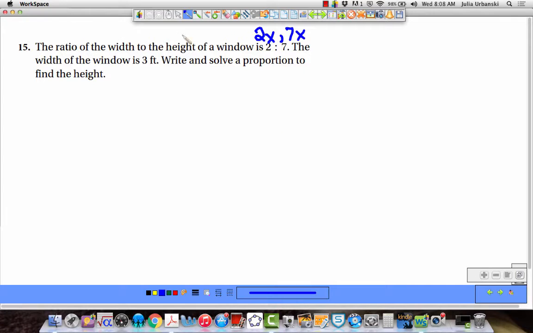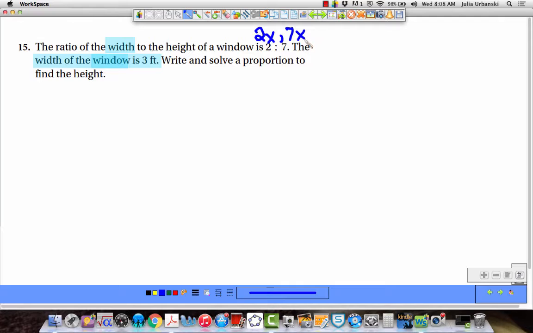Width. Width is a really important word. The width of the window is 3 feet. Yes, the width. Okay, guys. One of the keywords is width. Good, and it's 3 feet. Now, which is the width? The 2x or the 7x?